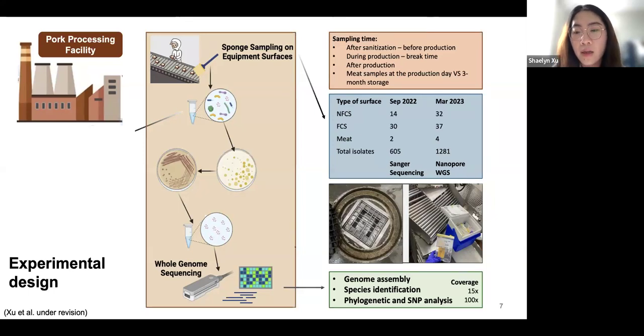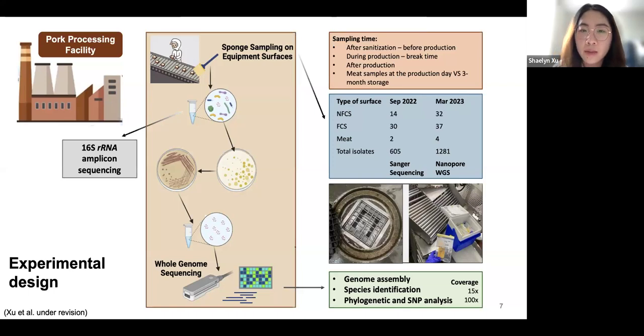I also did a phylogenetic analysis and SNP analysis to infer whether those isolates are the same strain or not. In addition, in case I didn't isolate all the microbes in the sampling site, I also ran the 16S amplicon sequencing to reveal any missing microorganisms.